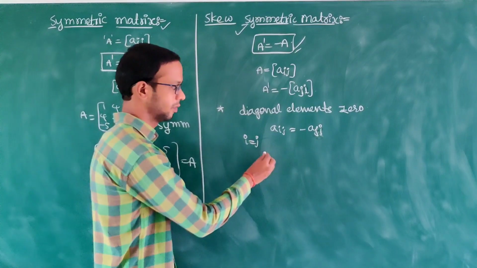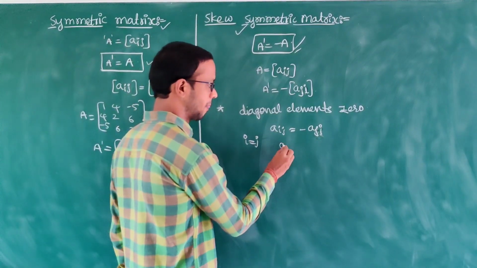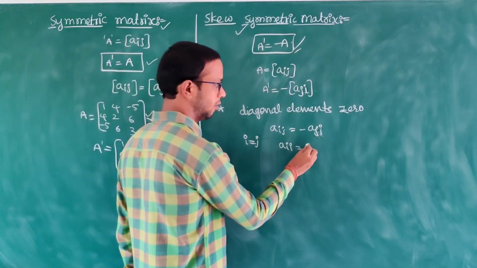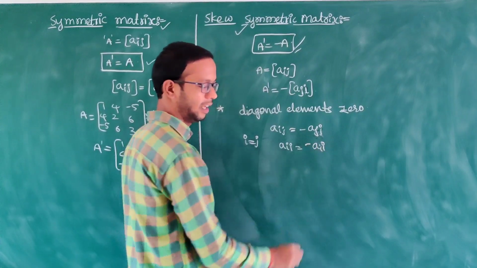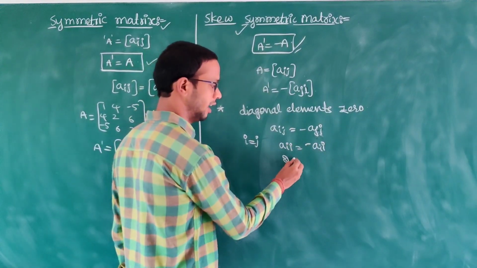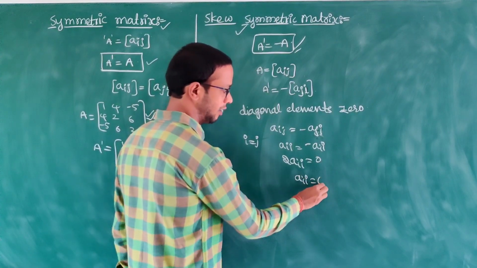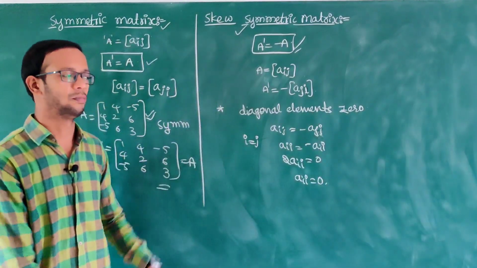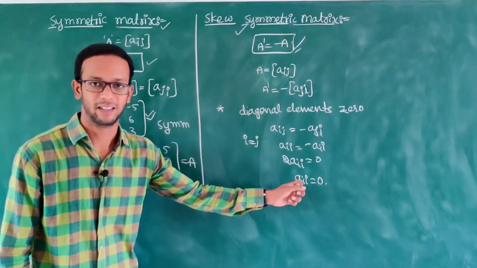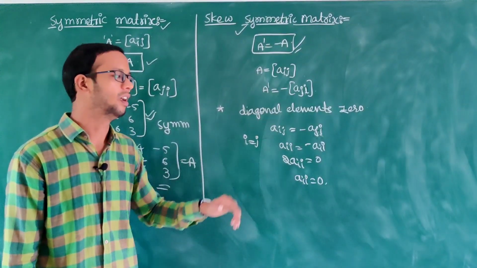What will you get? Aii is equal to -Aii. If you send it to this side, 2Aii is equal to 0, so Aii is equal to 0. This is the proof of this point. Diagonal elements, same row and same column elements, are 0.